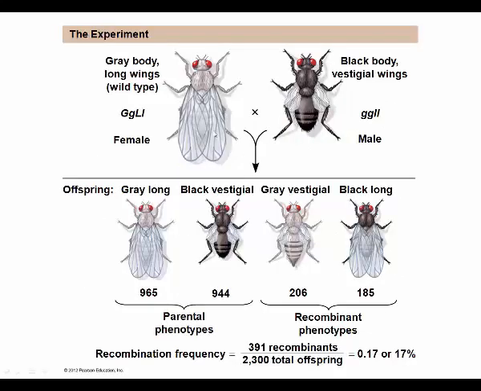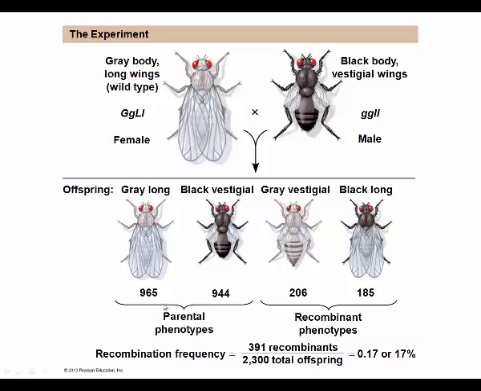So I have a gray-bodied, long-winged fly, doubly heterozygous, mated with a black-bodied vestigial-winged fly, which is homozygous recessive. From this mating, I would expect to see a 1 to 1 to 1 to 1 ratio of all of these different combinations of phenotypes.